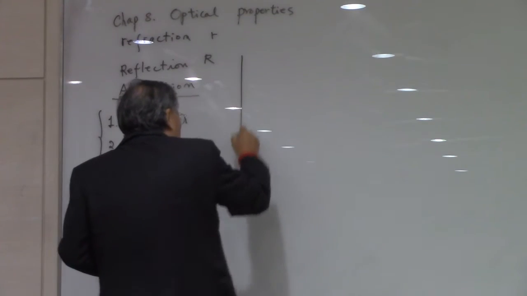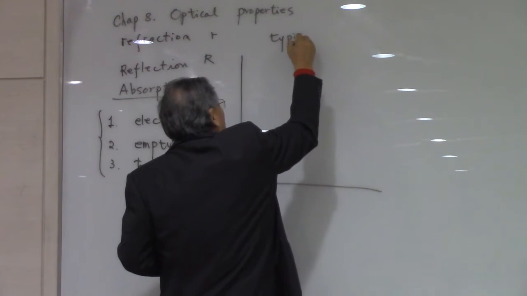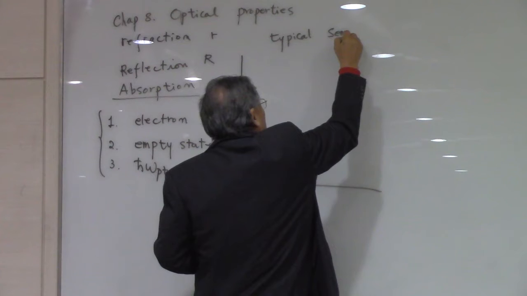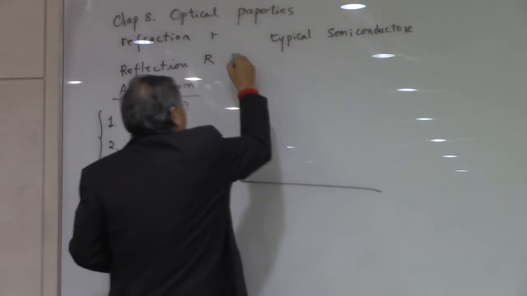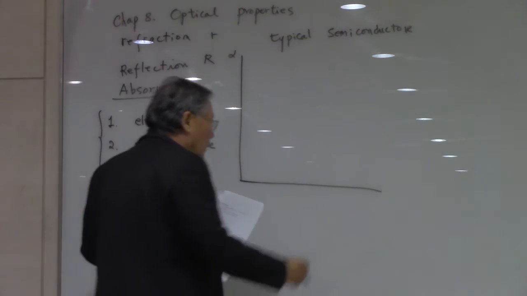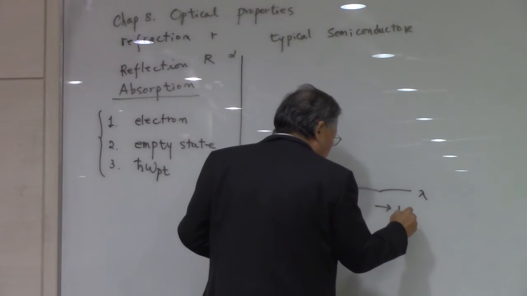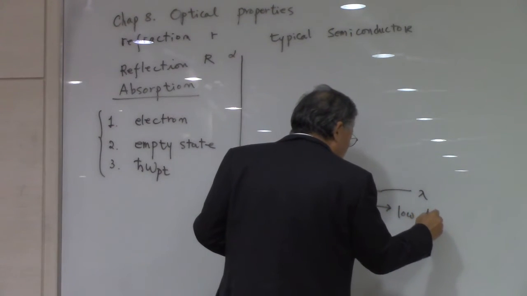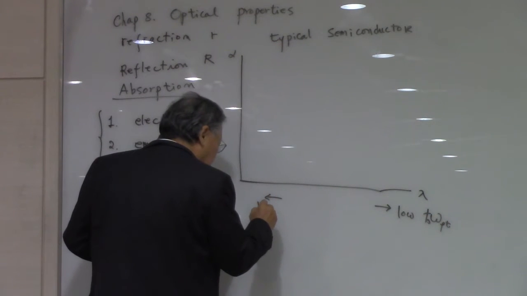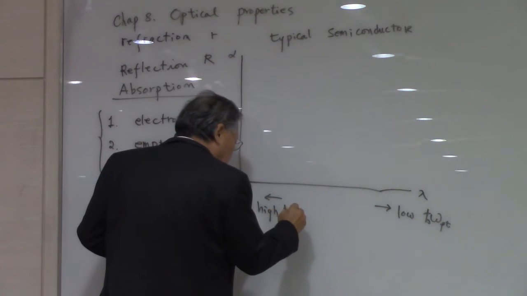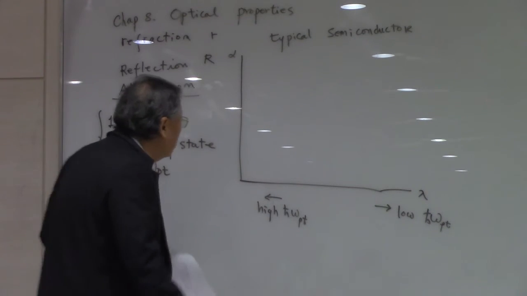And the typical semiconductors. If you plot the absorption coefficient with respect to the lambda, so that this is a low energy h bar omega photon, and this is a high h bar omega photon, right? The high frequencies, the low frequencies.